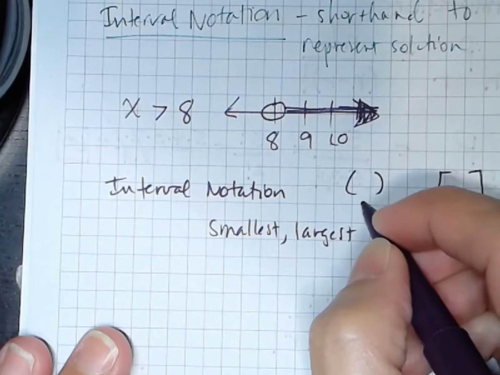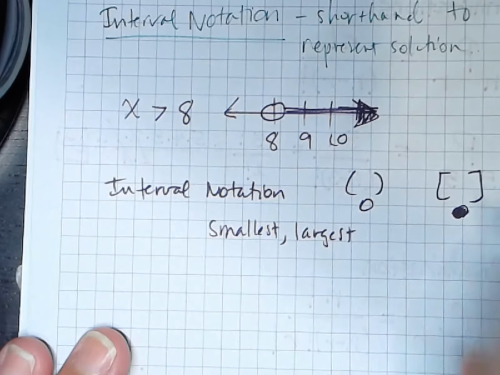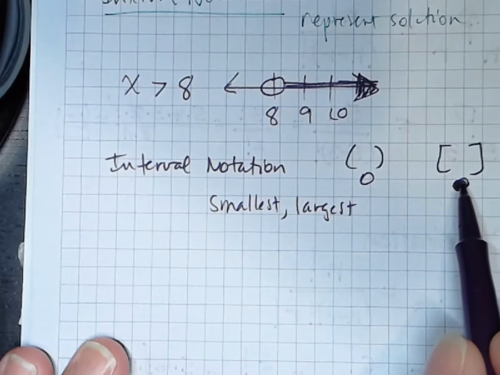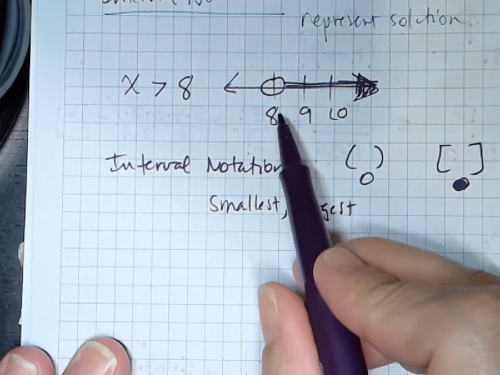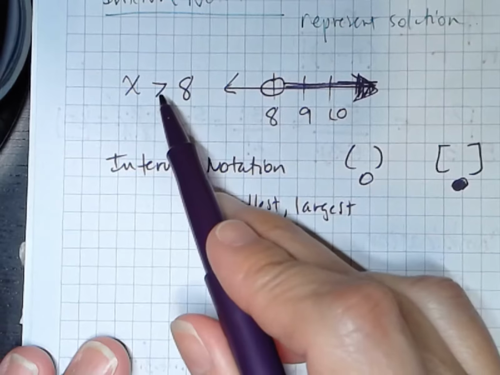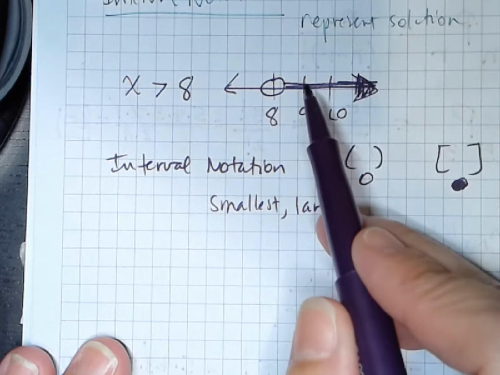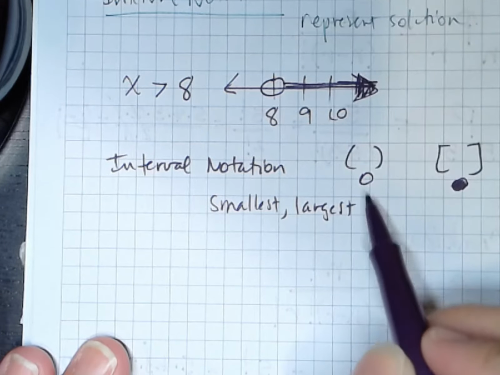If you're using a parentheses, it was an open circle. If you're using a bracket, it was a closed circle. So the bracket means that you actually get that number, you include that number. Parentheses says that it's an open circle. We don't include the 8 because we want everything bigger than 8. So like 8.1, 8.2, 9, 9.5, and so on, a million, all those numbers.